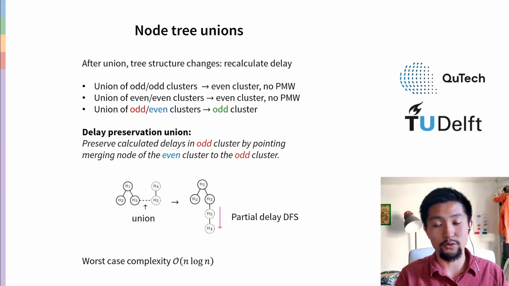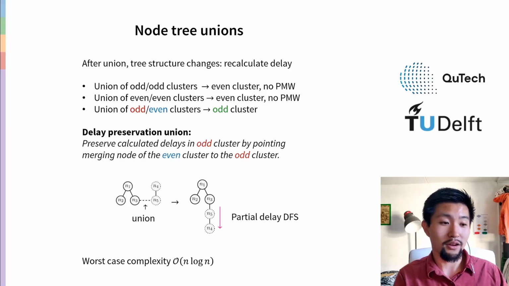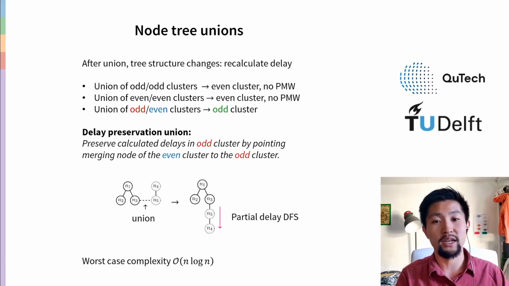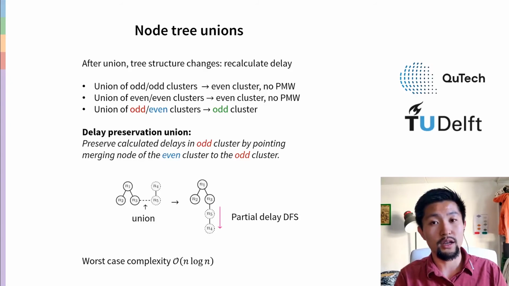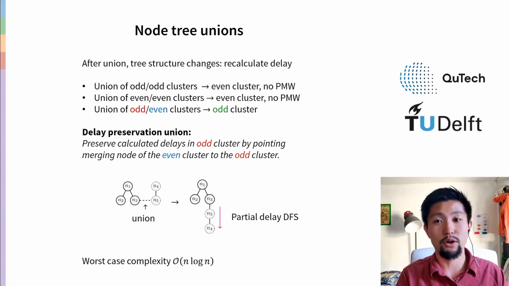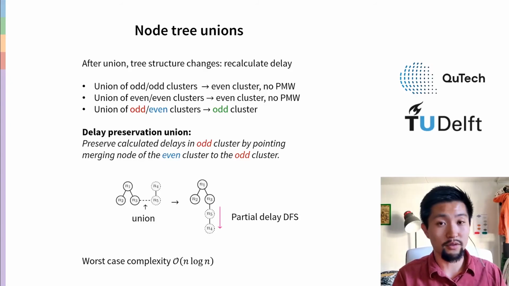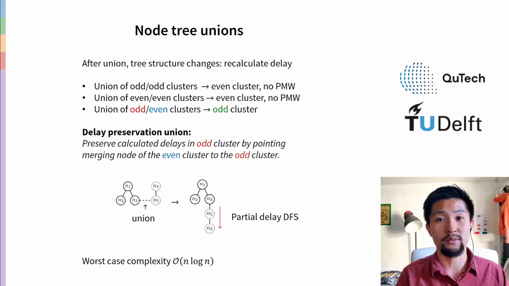Odd and odd equals even, and in an even cluster, we cannot define potential matching weight, so we don't calculate the delays. The same is true for even-even merges. However, if we have an odd-even union of clusters, what we end up with is a new odd cluster. And this is when we have to recalculate some of the delays.